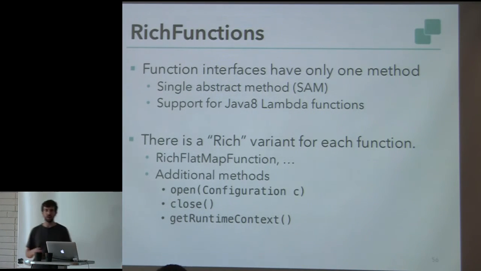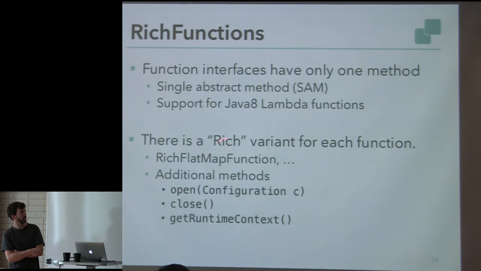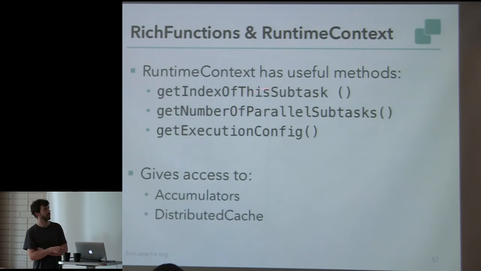Then we have this notion of rich functions, which are available for all kinds of transformations. These have additional methods like open, close, and get runtime context, to execute something before the actual user function is run and after it has run, and to access some of the internal features of Flink, like getting the index of the parallel instance.